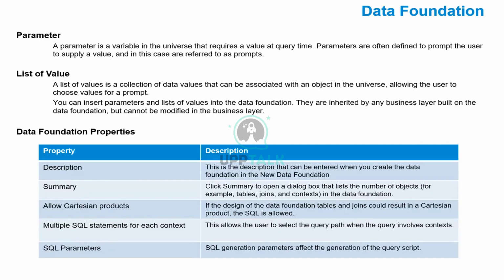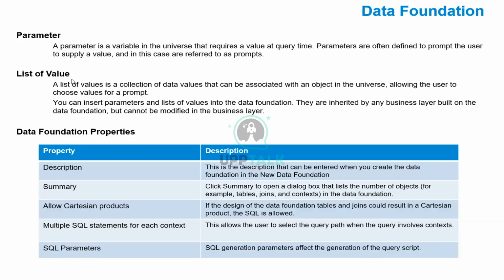Then the user can give the region as Asia. Then only that Asia data will come into the report, and the performance of the report will be better, as we are not interested in other regions. The data will be less and the performance will be better.